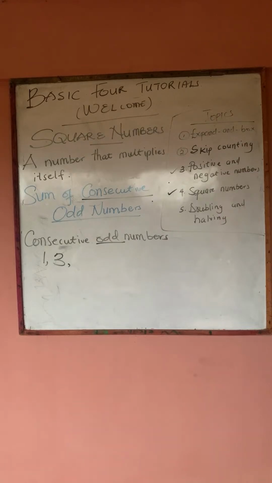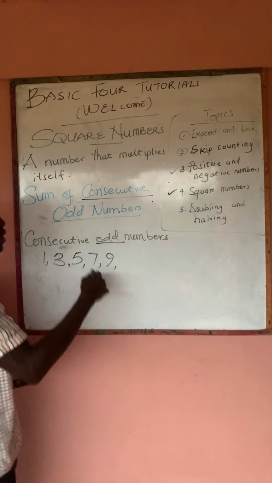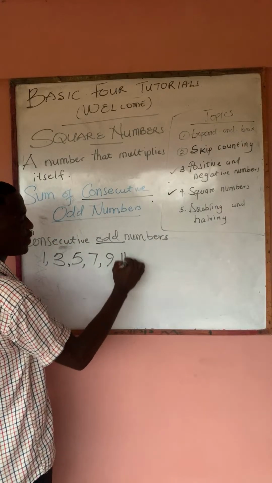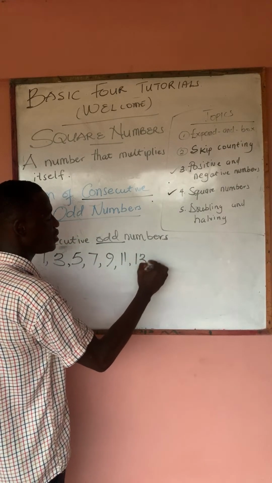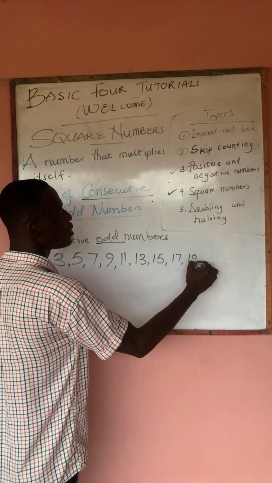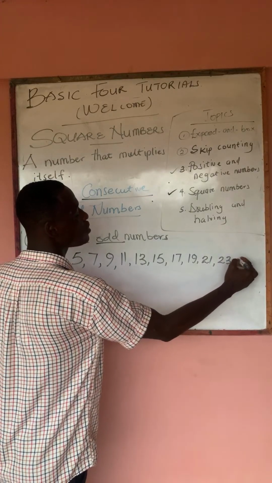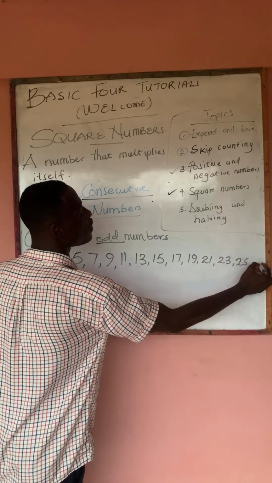Thank you. All right, so we have the next ones to be 5, 7, 9. So let's continue. We get 11, 13, 15, 17, 19, 21, 23, 25 in that order.